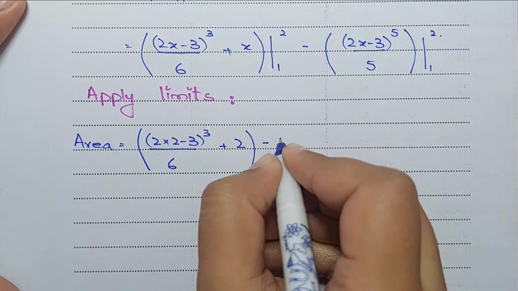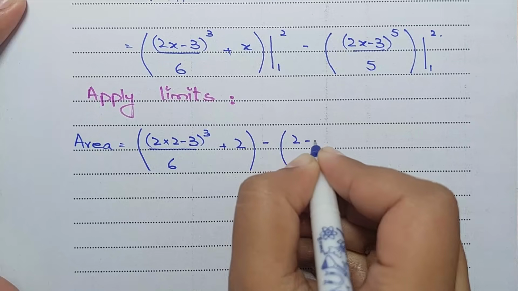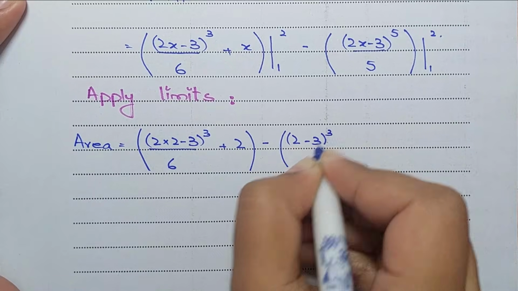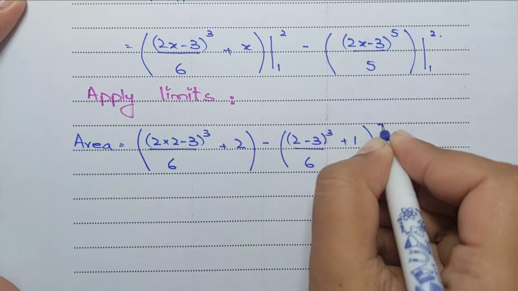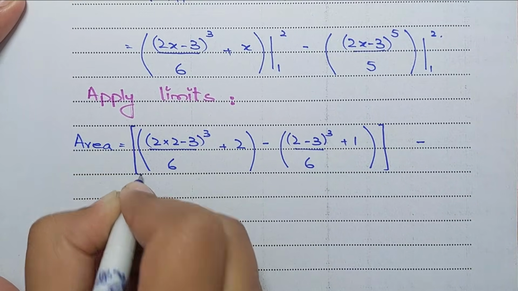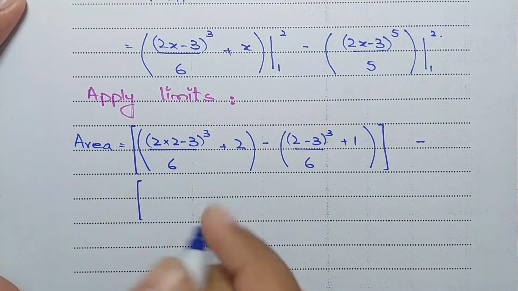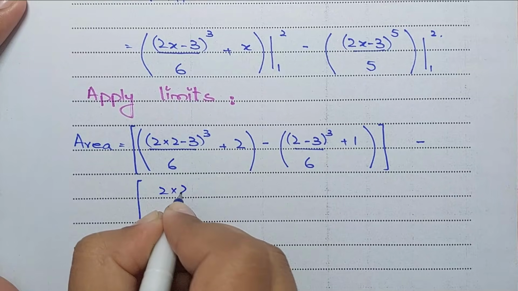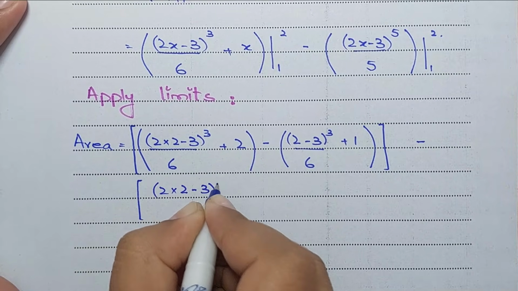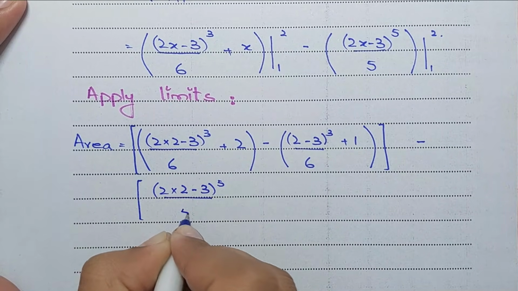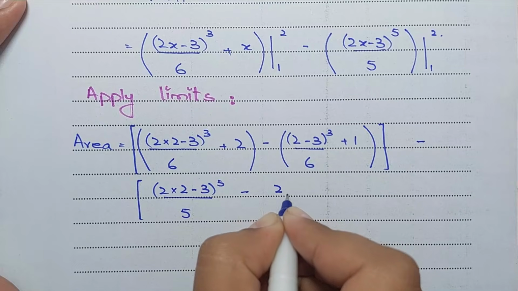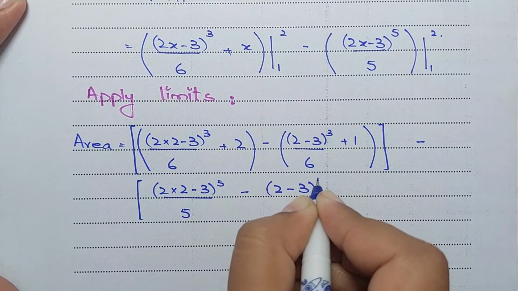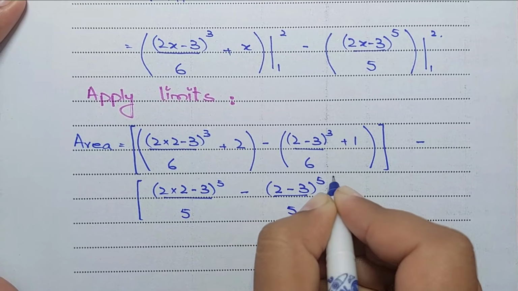Subtract the lower limit 1, so we have (2 minus 3) cubed over 6 plus 1. Minus the other expression: the upper limit is 2, so (2 into 2 minus 3) to the power 5 divided by 5, and minus the lower limit, (2 minus 3) to the power 5 divided by 5.